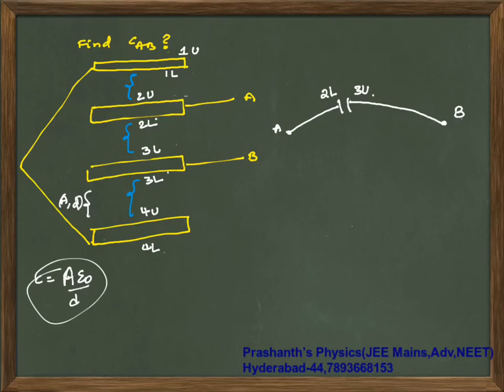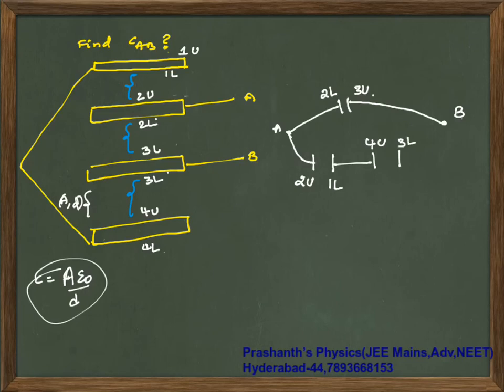Now coming to the next part. There is a capacitor between A and B directly like this. Your A is also connected to 2 upper, and this 2 upper is connected to 1 lower, and 1 lower and 4 upper are at the same potential.